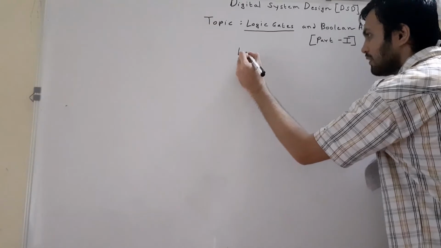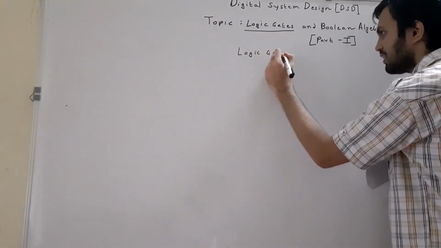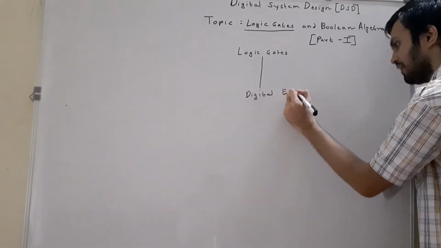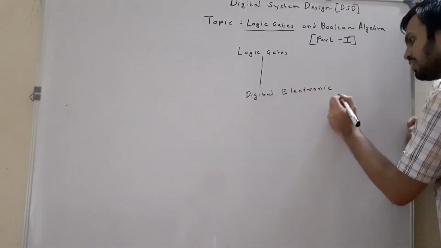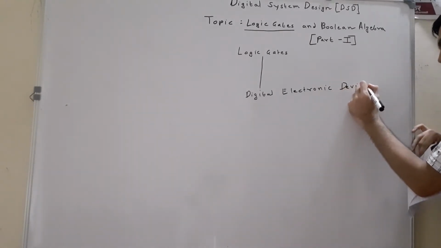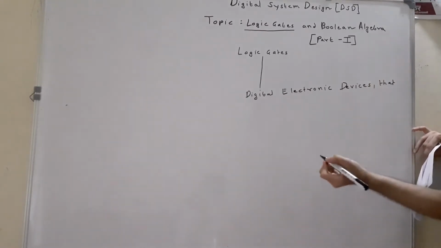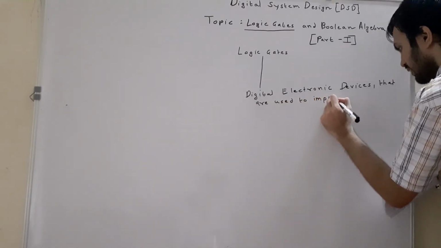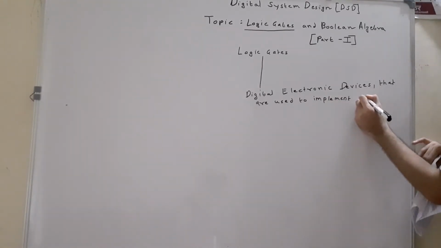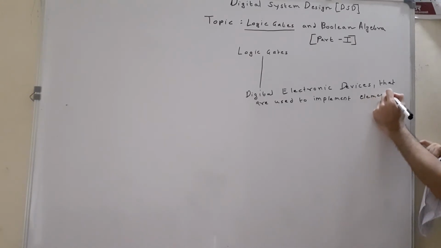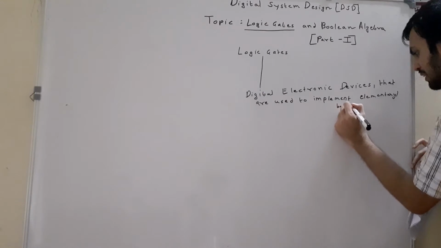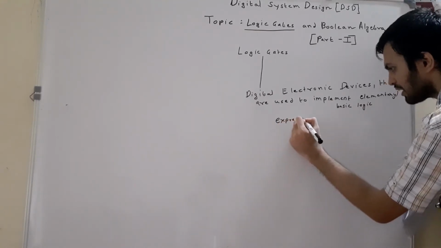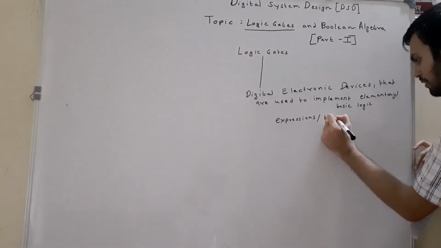Logic gates are nothing but digital electronic devices that are used to implement elementary or basic logic expressions, or logic expressions are also known as Boolean expressions.